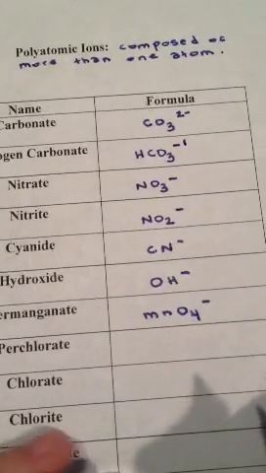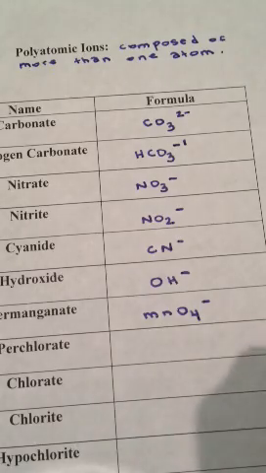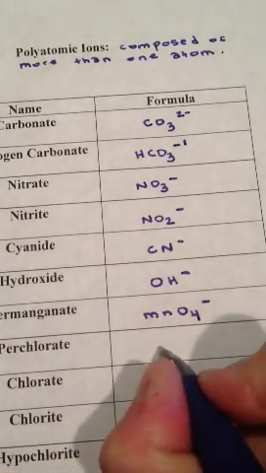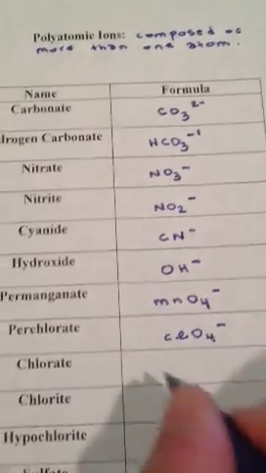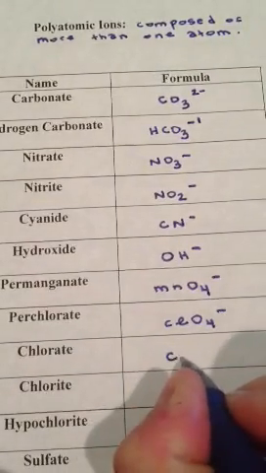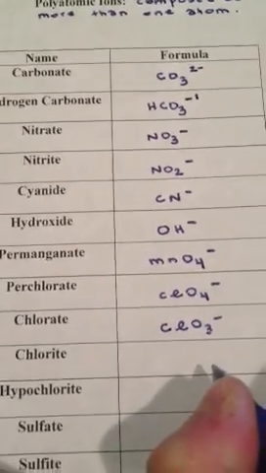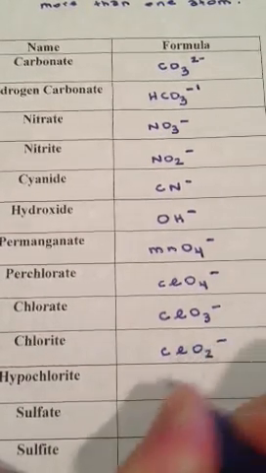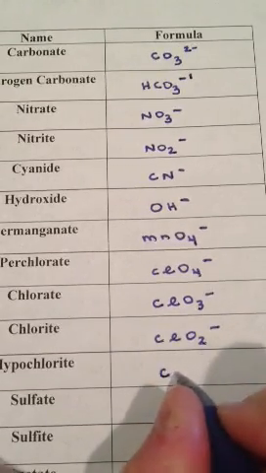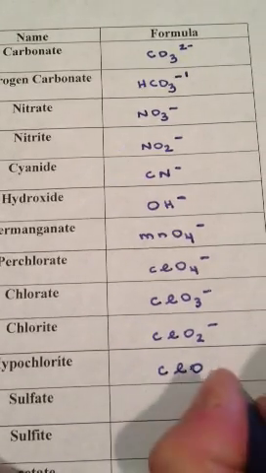Okay. Perchlorate, chlorate, and chlorite, and finally hypochlorite are all together. So you start off with ClO4 with a minus charge for perchlorate. Chlorate, you just take one oxygen, ClO3 minus. Okay. Chlorite, ClO2 minus, and hypo, meaning lacking, ClO minus.